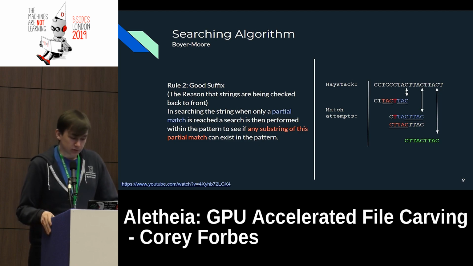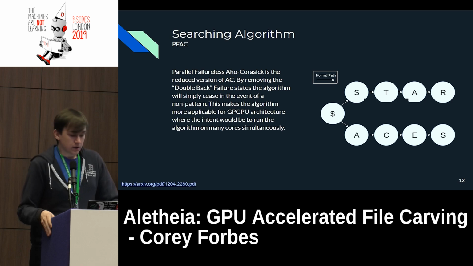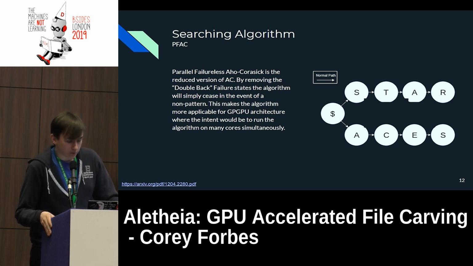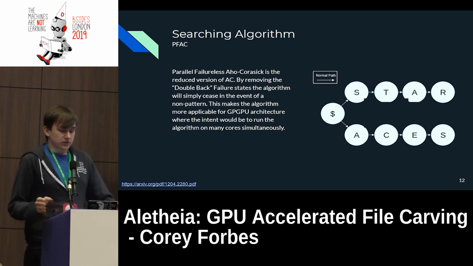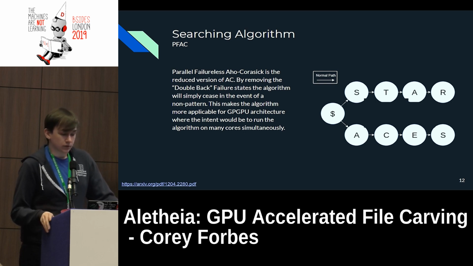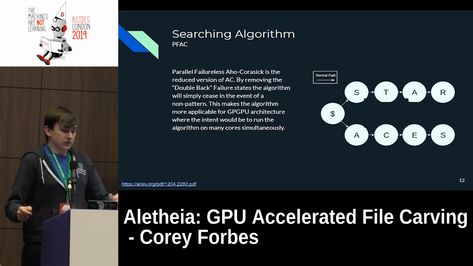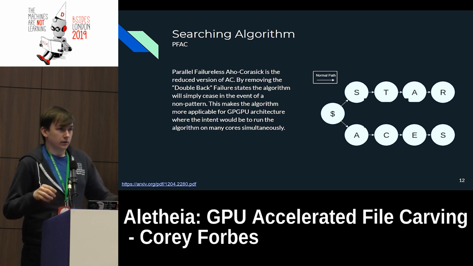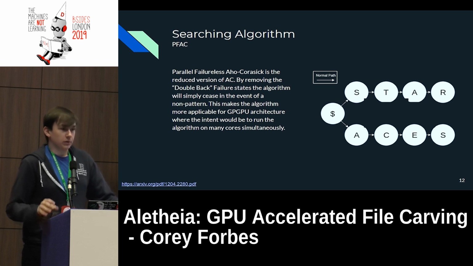So as such, I moved to a new algorithm, which is the parallel failureless Aho-Corasick. It's a dumbed-down version of the Aho-Corasick algorithm, which basically will act as a brute force search, but for multiple patterns simultaneously.